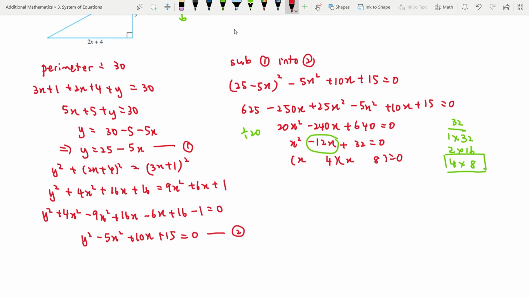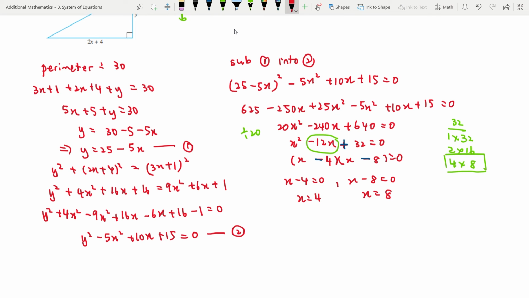In order to get a negative 12, minus 4x minus 8x. And we need to check, negative and negative, we will get a positive. In order for the equation to become 0, it is either x minus 4 is equal to 0 or x minus 8 is equal to 0. For x minus 4 is equal to 0, x is equal to 4. And for the case x minus 8 is equal to 0, x is equal to 8.